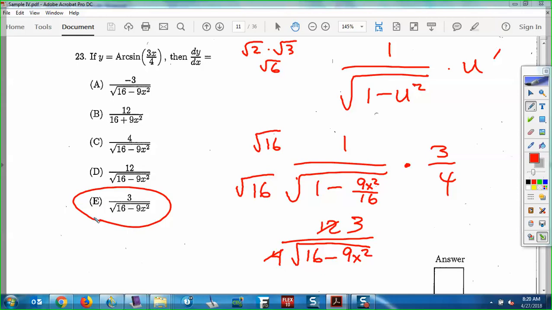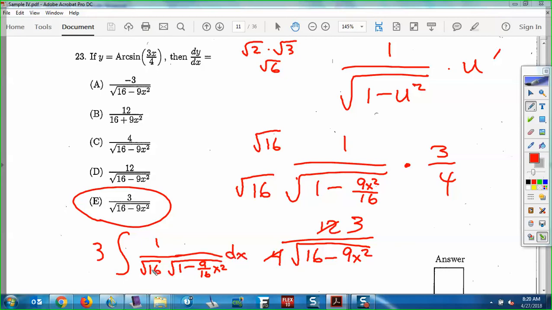Now working that in reverse, if they ask you to do an antiderivative with this one, if this was an integral problem, I'd probably bring the 3 out here, and then I would factor out a 16 and make this 1 minus 9/16 x squared, just do the reverse of what I just did there, right?